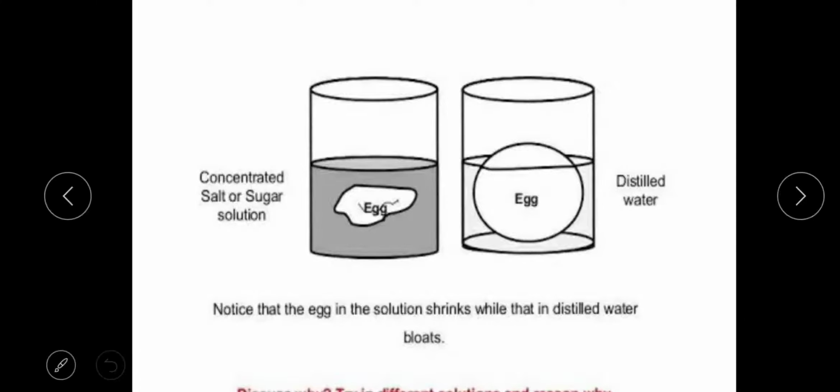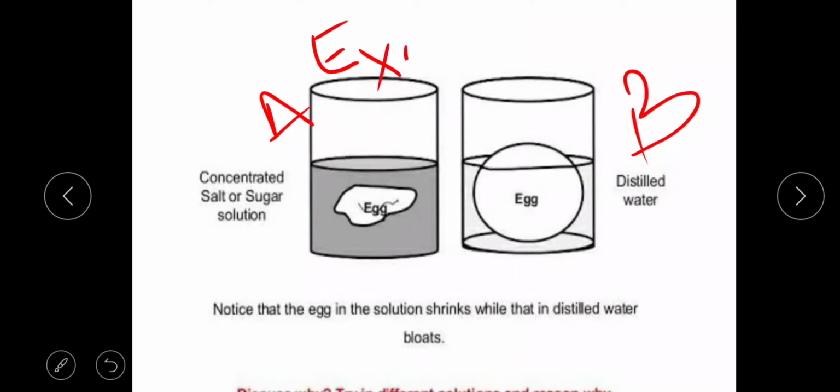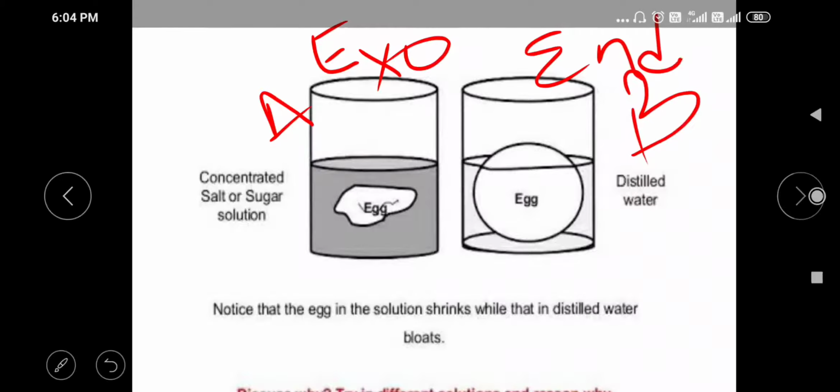The first case is case A, and this is case B, of the exosmosis and the endosmosis respectively. So first is the case of exosmosis, and the second case is of the endosmosis. Clear?